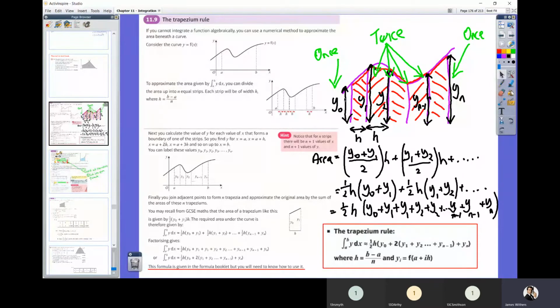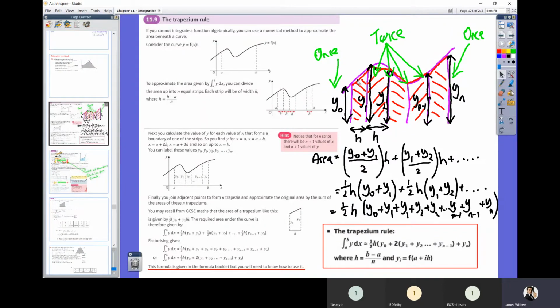So if you take this one up here that I've drawn, there's a curve. And then what we've done is put lots of trapezia underneath it. So it kind of models the curve, but obviously the trapezia have flat bits on top, whereas the curve is curvy.